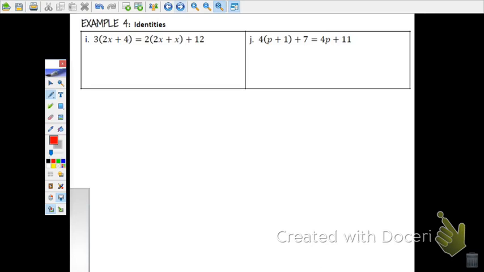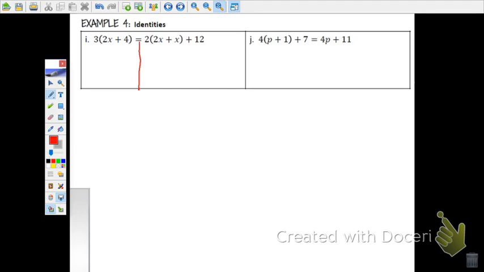And then our last example for this lesson is looking at identities. So with this, we see lots more going on. We see a variable on both sides of the equal sign. So what we're going to do is just simplify each side of that equal sign.